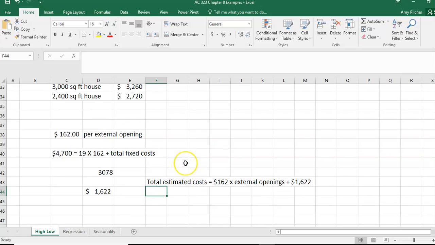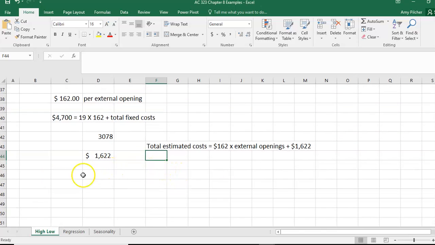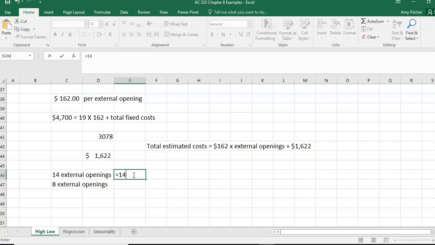We can then calculate the estimated cost of a house with 14 external openings and 8 external openings. 14 times $162 plus $1,622 in fixed costs for a total cost of $3,890, or 8 times $162 plus $1,622 in total cost.